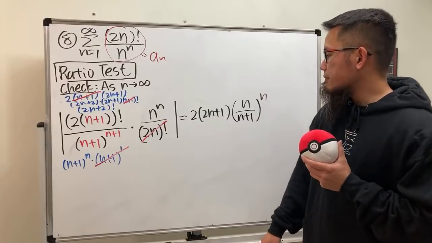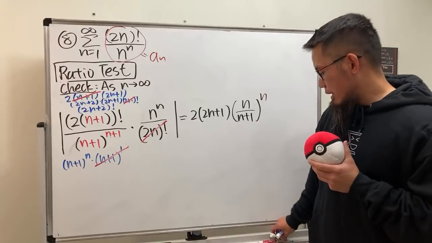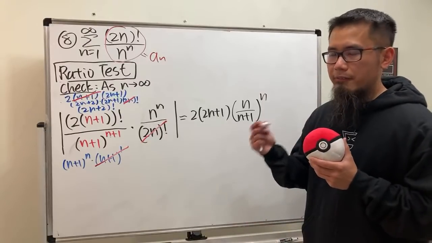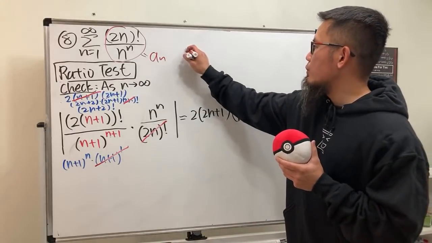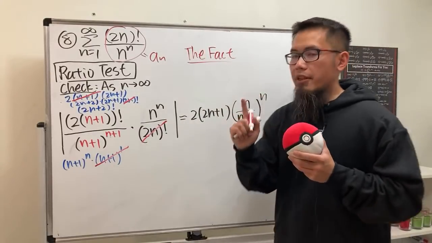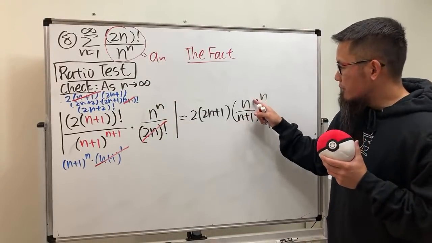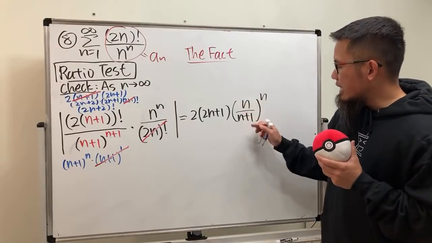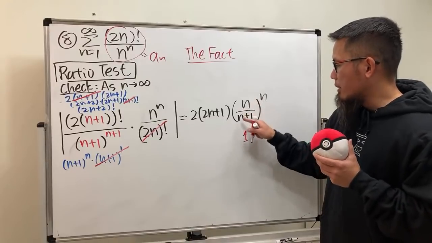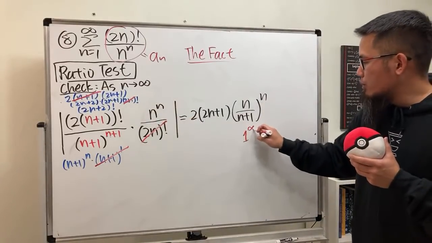Now how can we simplify this? If you put infinity into the first part, you get infinity. Inside the parentheses you have 1, because you just care about the leading terms, so it's 1 to the infinity.